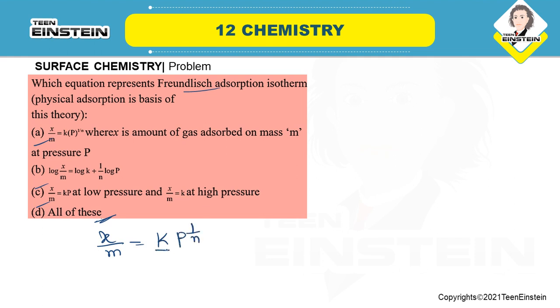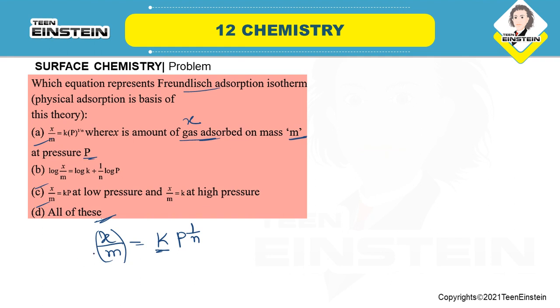Here K and n both are constant, and x by m is basically the amount of gas, that is x, which is adsorbed on mass m at pressure P. So this is obviously the equation which is representing Freundlich's adsorption isotherm. This is the original actual equation. Okay, so A is fine.